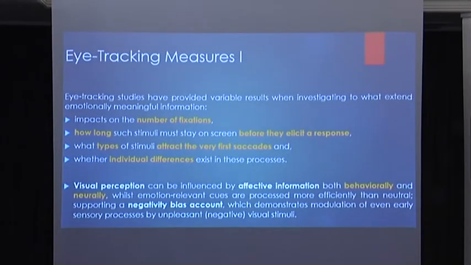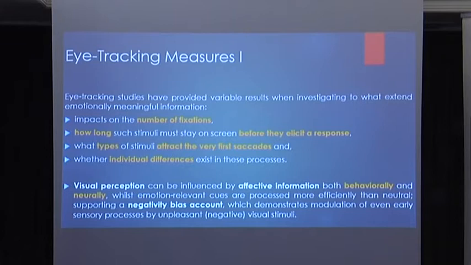From studies that used eye tracking as a method of measurement, we know that there are variable results when we investigate to what extent emotionally meaningful information impacts the number of fixations, how long such stimuli must stay on screen before they elicit a response, what types of stimuli attract the very first saccades, and whether individual differences exist in these processes.